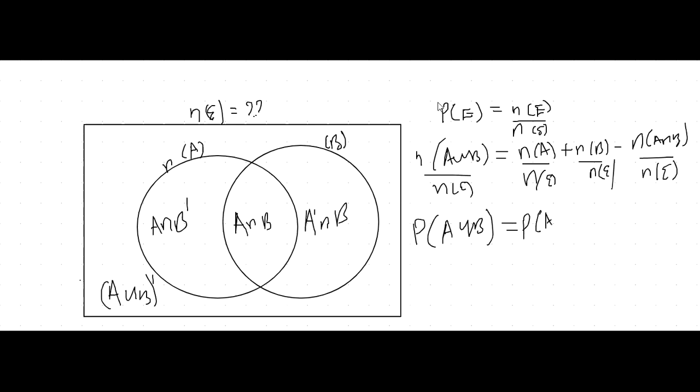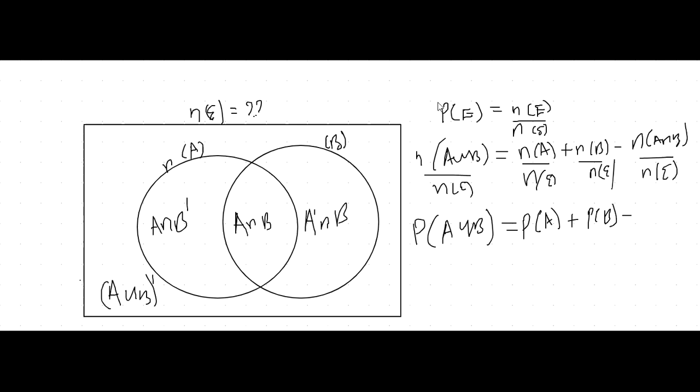Then we add number of B divided by number of the universal set. That gives us probability of B. Then we subtract number of A intersection B divided by the universal set.